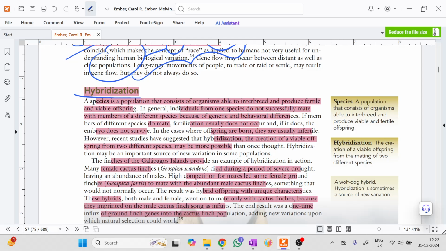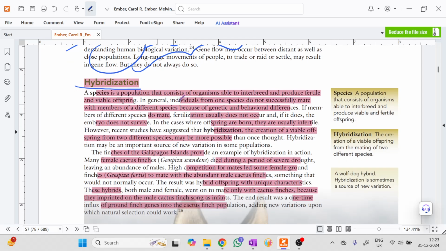Then let's talk about hybridization. A species is a population that consists of organisms that are able to interbreed and produce fertile and viable offspring. Individuals from one species do not successfully mate with members of different species because of genetic and behavioral differences.